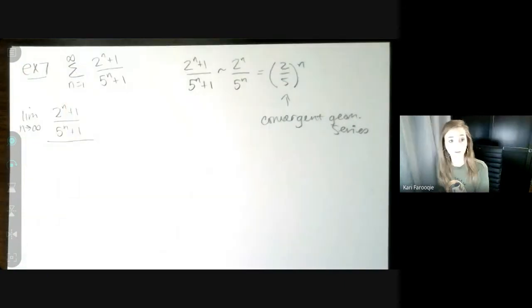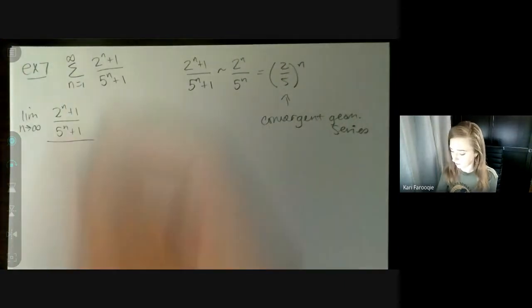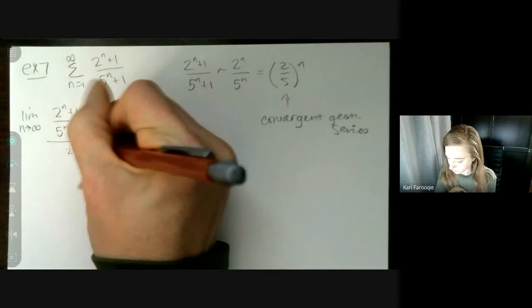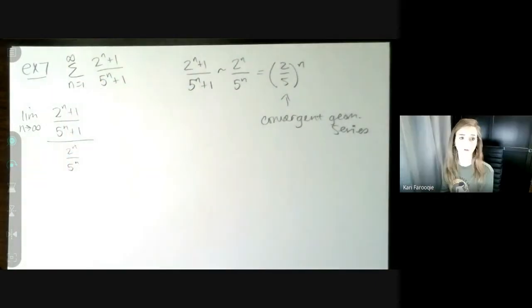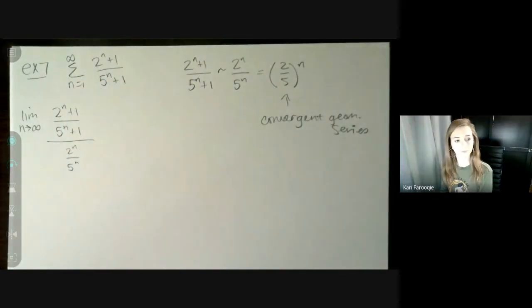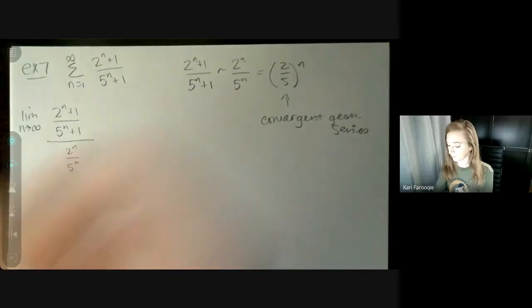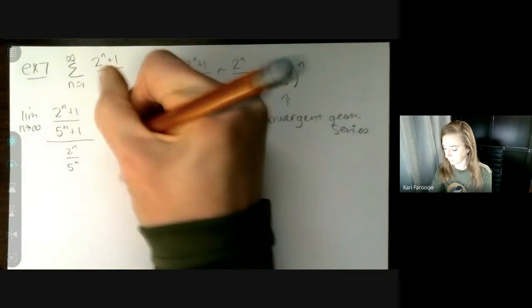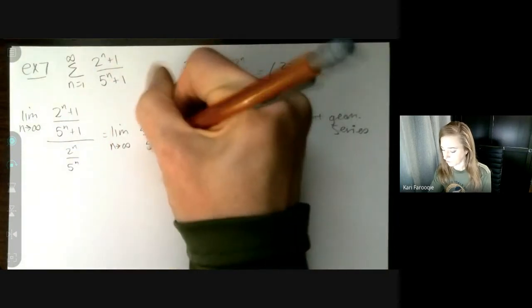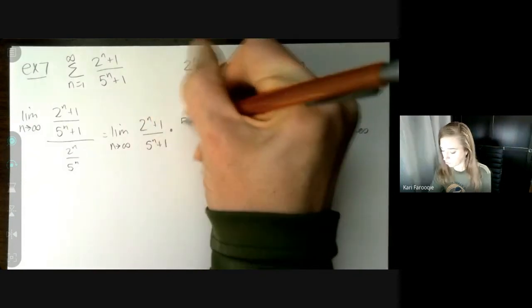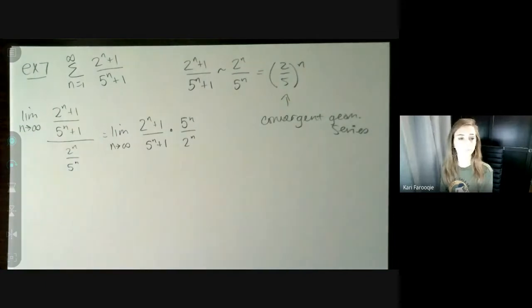All right, so there's our series, and we're going to divide it now by 2 to the n over 5 to the n. When we rewrite this, we're going to show it being multiplied by 5 to the n over 2 to the n.